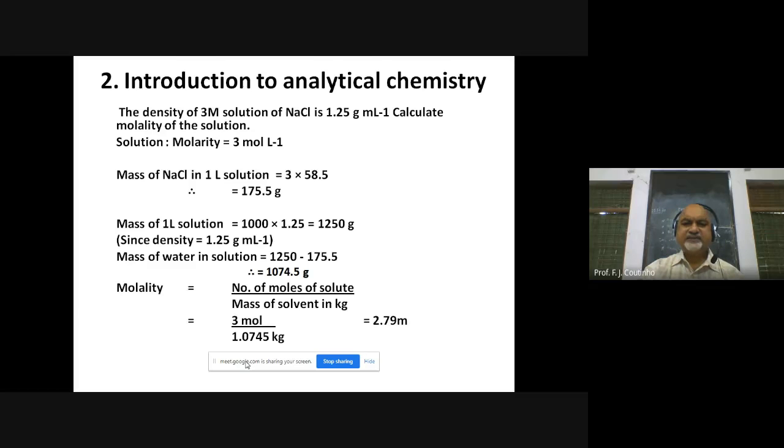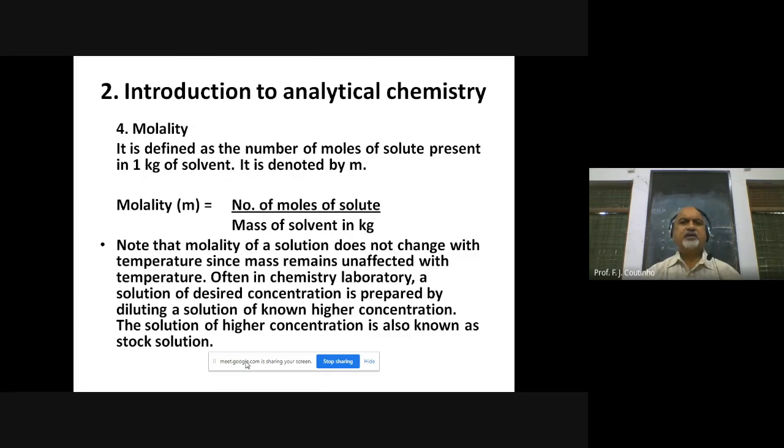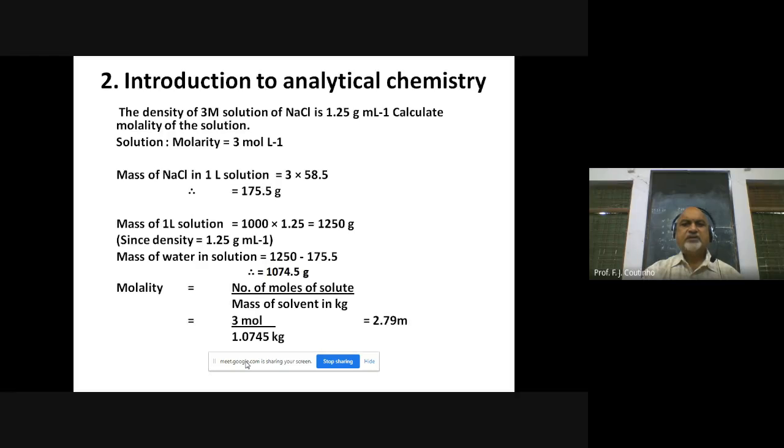The next slide is here. There are some problems of molality. Here one problem we'll discuss, and then we'll try to summarize most of the things.